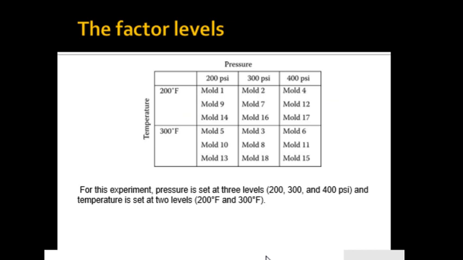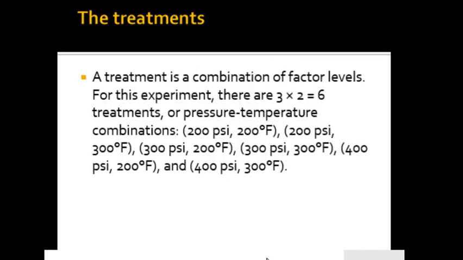Here's a simple setup of this experiment. We have the temperature, which is set at 2 levels. The pressure is set at 3 levels. And of the 18 molds, 3 are randomly assigned to each of the combinations of pressure and temperature. There are 6 combinations in all. So this is a very simple setup of an experiment with two factors.